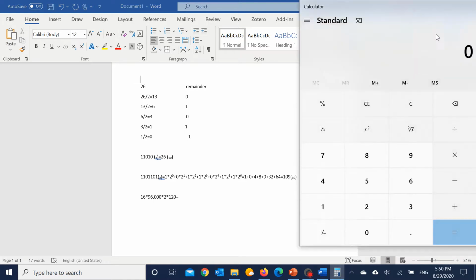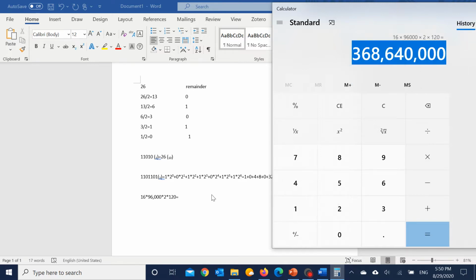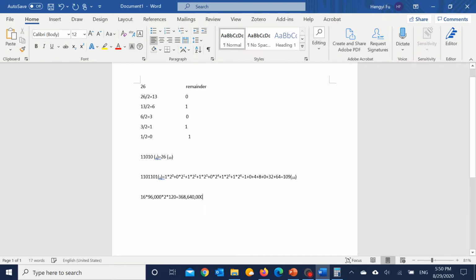The result is this number. This is how many bits the file has: 368,640,000 bits.